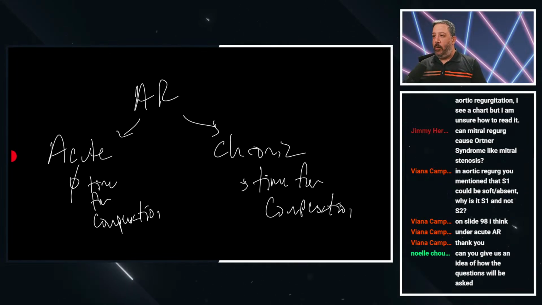Someone's coming in with intermittent claudication. What is the underlying etiology for that? So what causes intermittent claudication? So remember, we talked about atherosclerosis in different scenarios, depending on what parts of the body you have affected with the atherosclerosis.